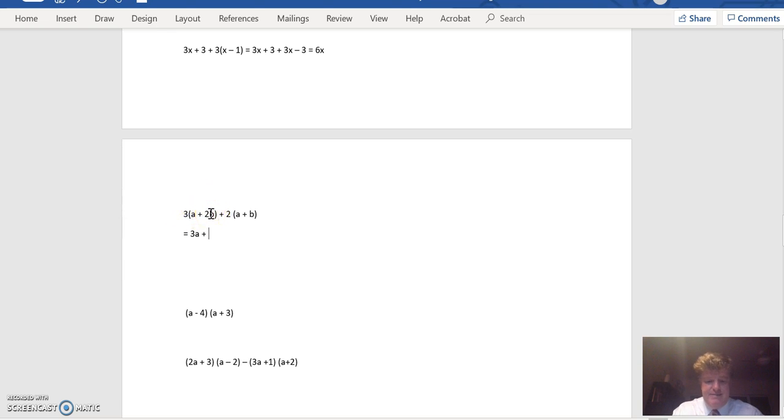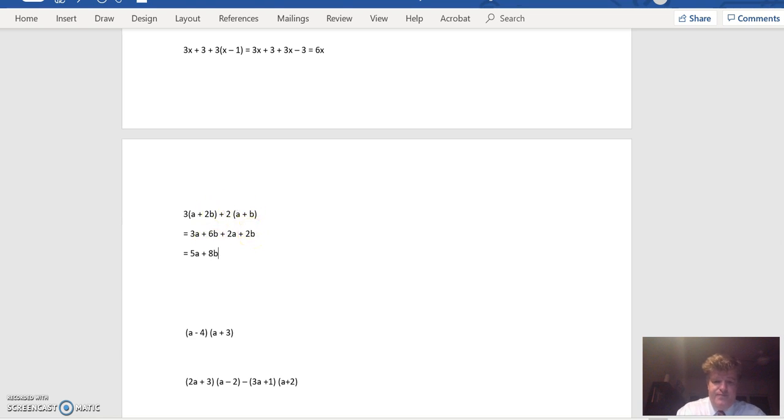The b stays the same, so it's going to be 6b, plus 2 times a, which is 2a, plus 2 times b, which is 2b. So that's going to equal 3a plus 2a, which equals 5a, plus 6b plus 2b, which equals 8b. So that's simplified that as far as we can go.